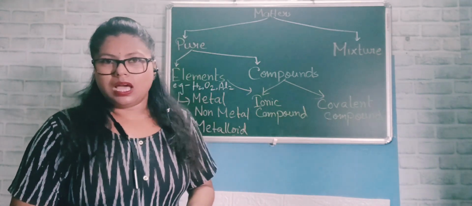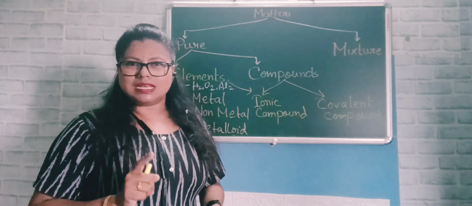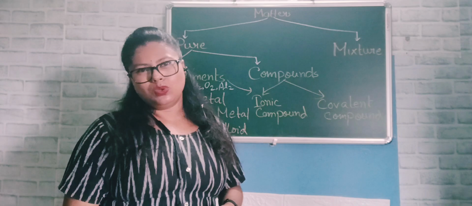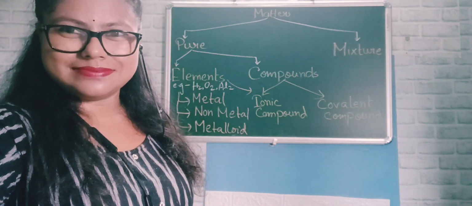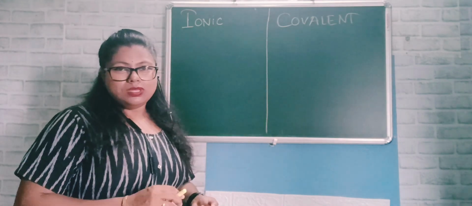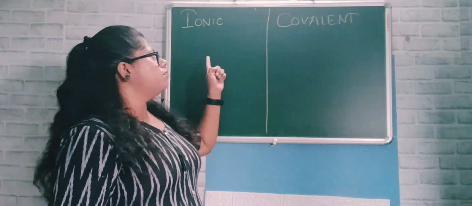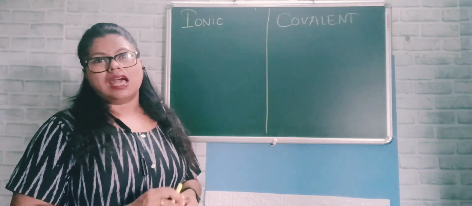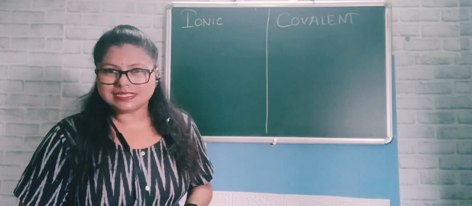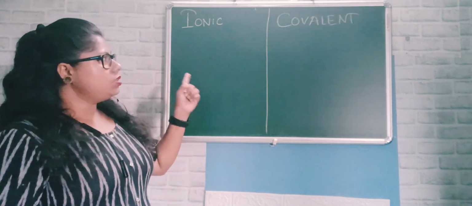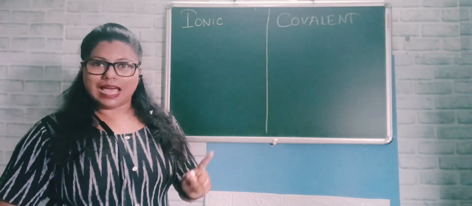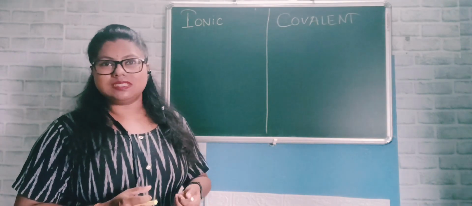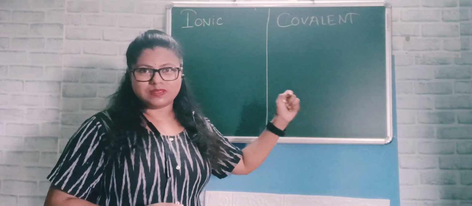Let us discuss these types in a little more detail so you understand the difference. The difference between ionic and covalent compounds arises from the type of bond involved. Both are compounds, but the type of bonding between the elements gives them 2 different names.